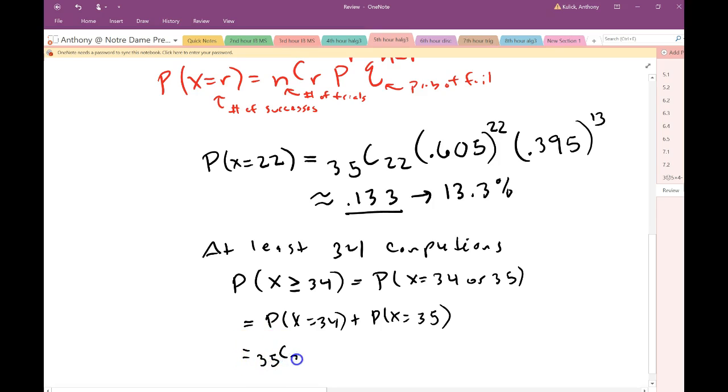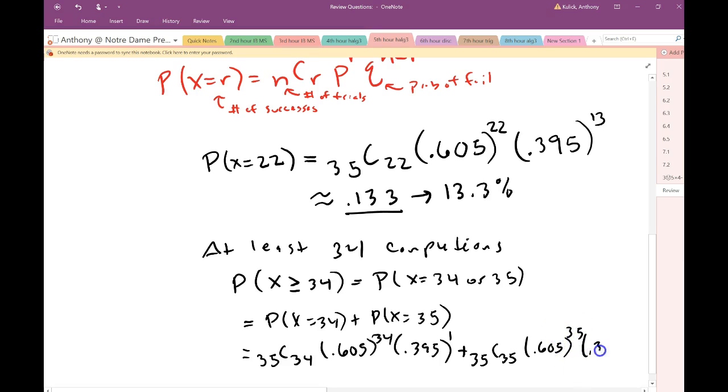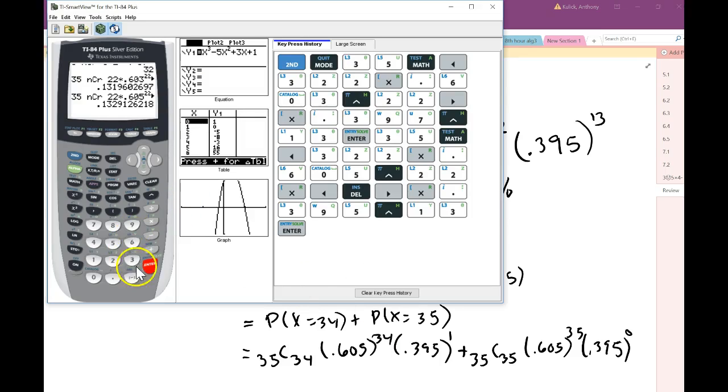Basically, yes. And now I just apply my formula. Okay with that, Reed? So I just go to my calculator and type that in.